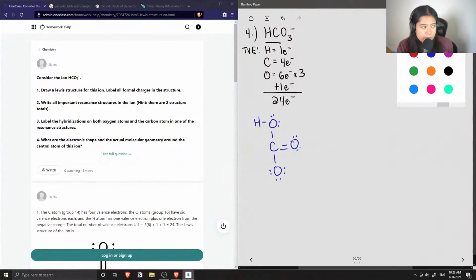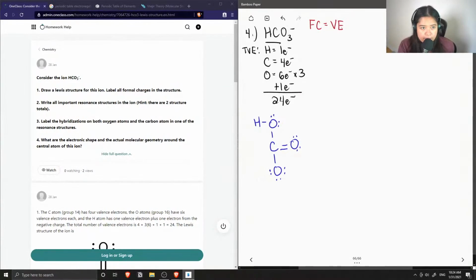Okay, so this is a plausible Lewis structure for this ion. And we also need to label all the formal charges. So let me write the equation for formal charge up here. Formal charge is equal to the number of valence electrons minus the number of non-bonding electrons minus the number of bonding electrons divided by 2.